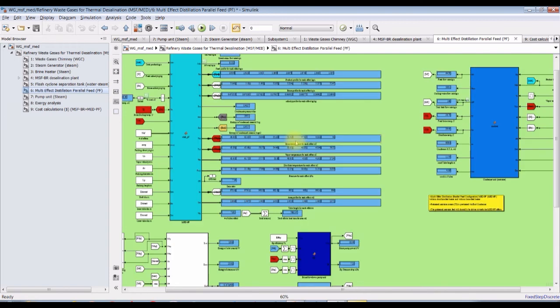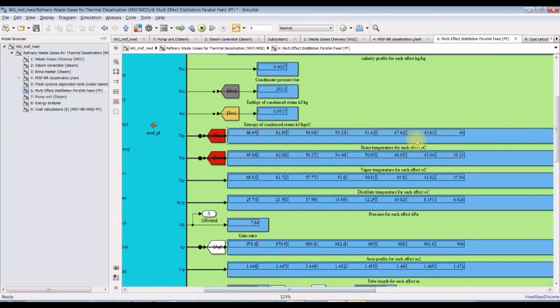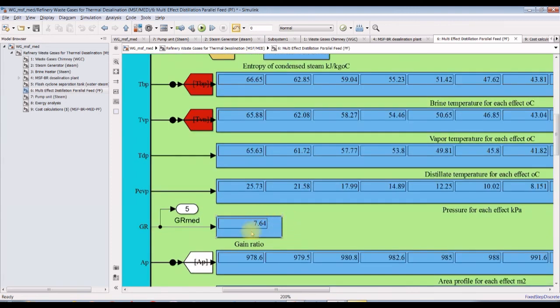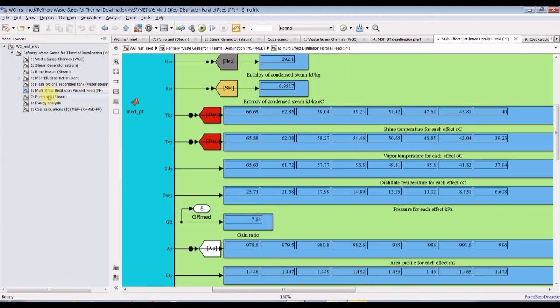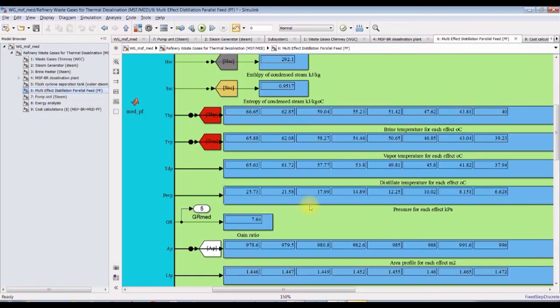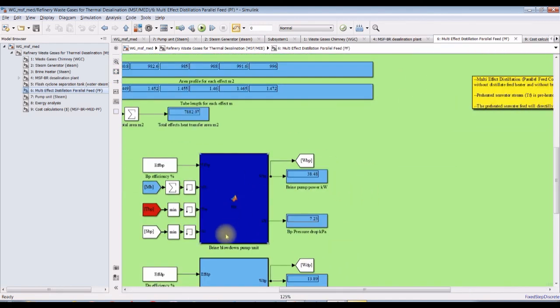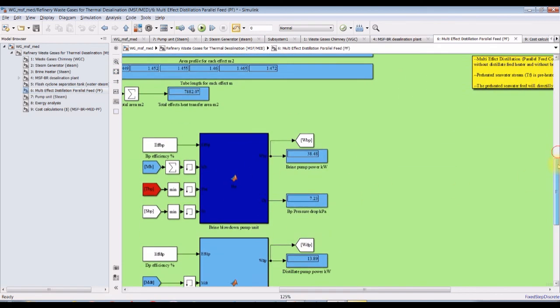This is MED, profile of temperature, brine, vapor temperature, and this is gain ratio for 8 effect. It's normal. This is pumping power. Sure, in MED you can discover the pumping system. This is brine pump.